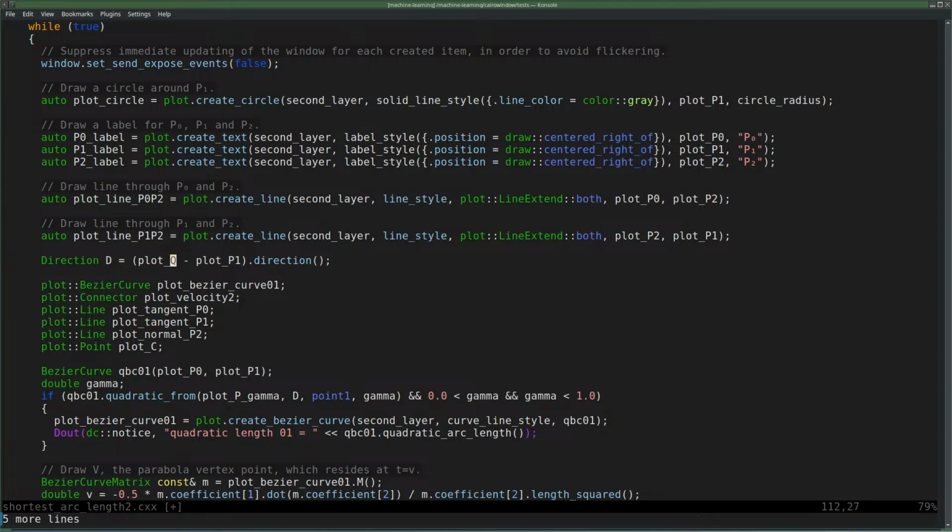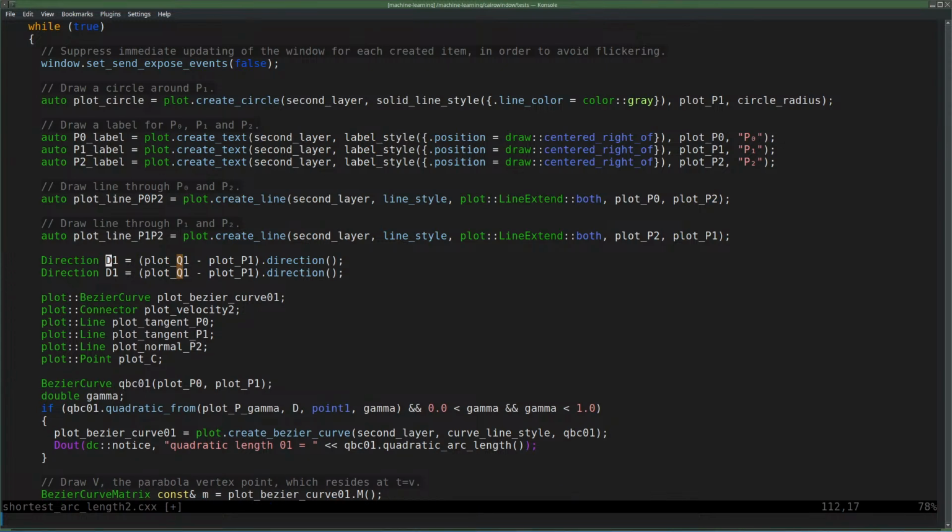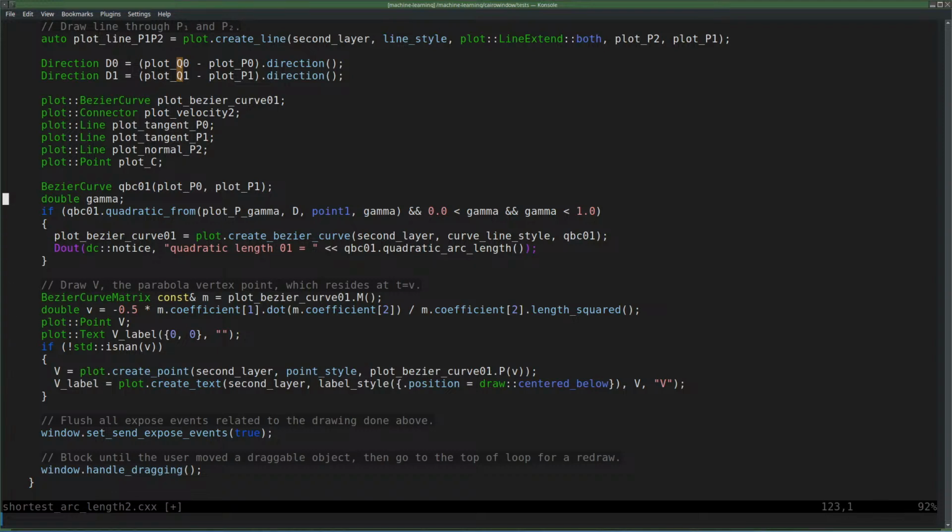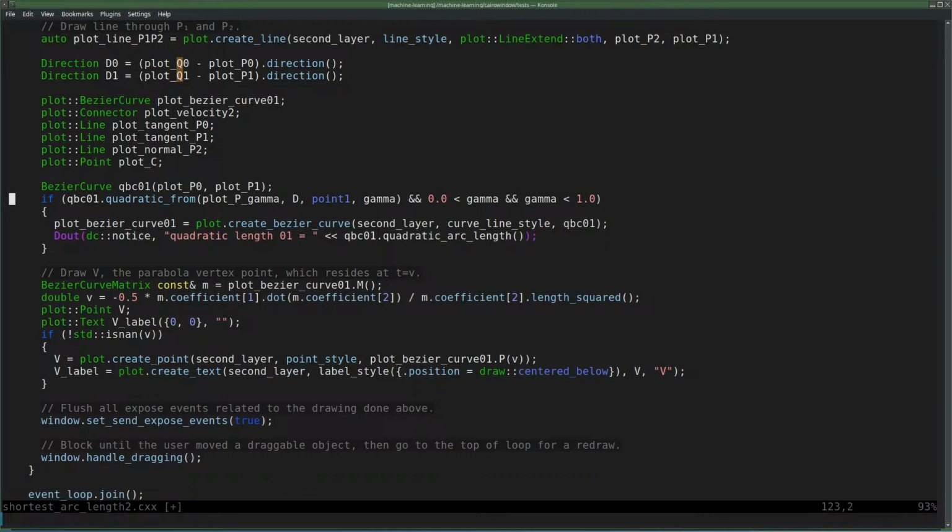Then this should be Q1 and it's then now called D1. And likewise we have a D0. Quadratic from, and then we go D0, comma, D1, and there is no gamma.